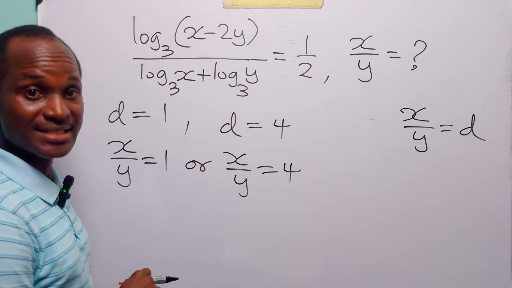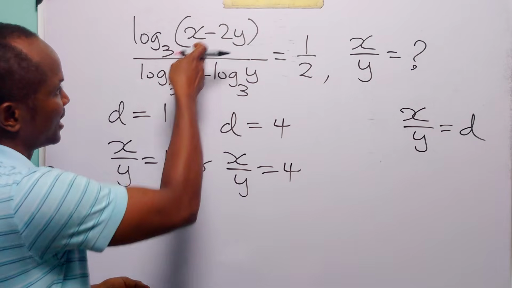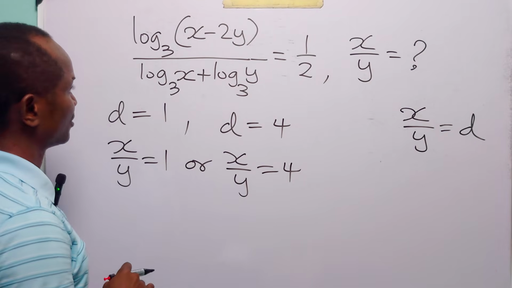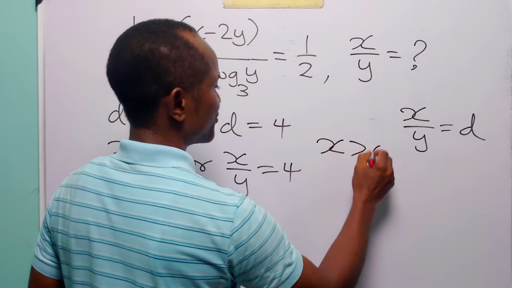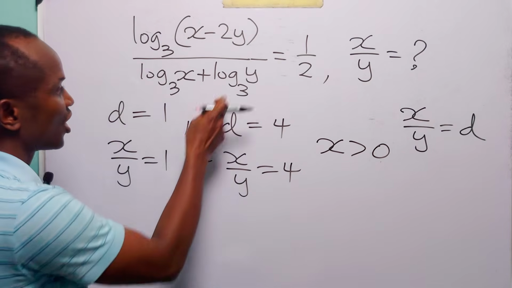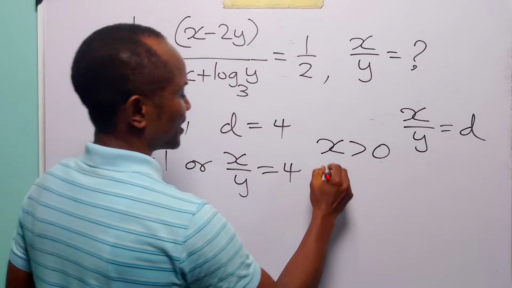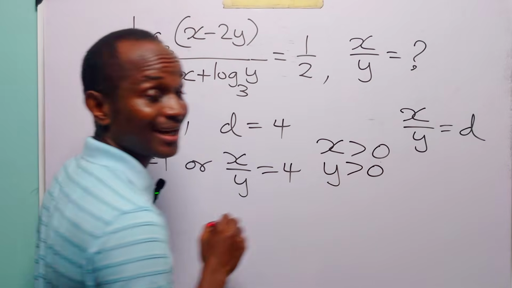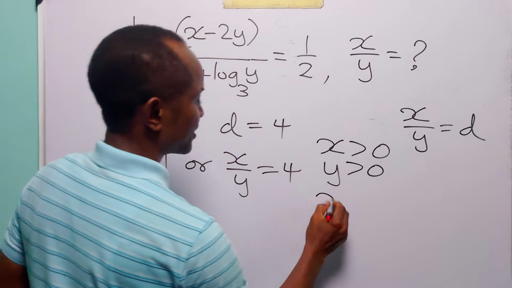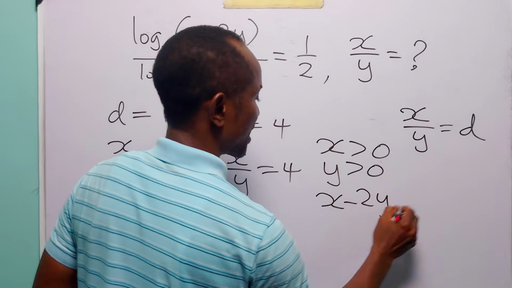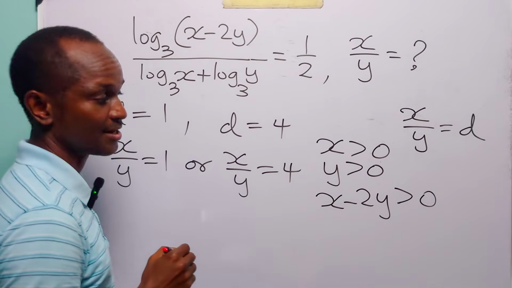Now, which one is the correct answer? Let us go back to the original equation. From this term, we have that x must be greater than 0. From this term, we have that y must be greater than 0. And from this term, we have that x minus 2y must be greater than 0.